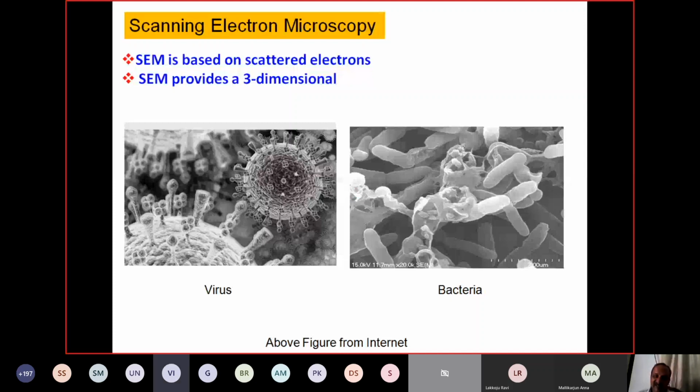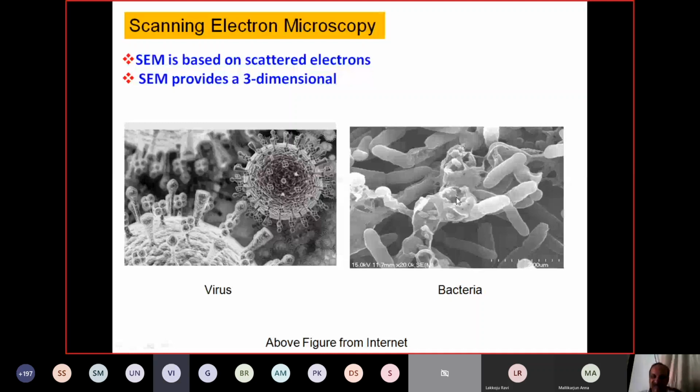Even the bacteria also gives a 3-dimensional picture. Transmission electron microscopy is also there, but this gives only 2-dimensional pictures. So we realized the difference in properties between bulk and smaller sizes when all these instruments became available to us. Okay.